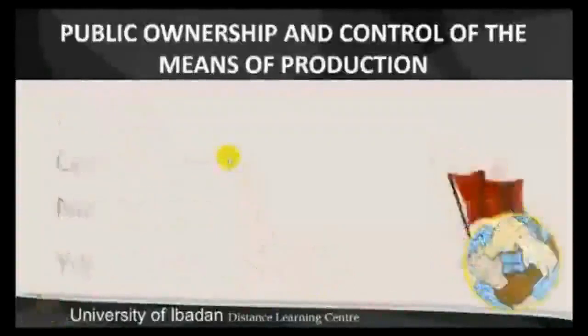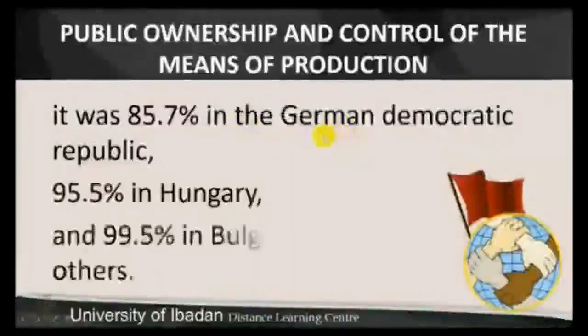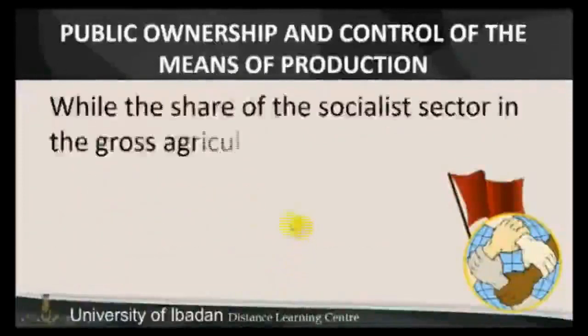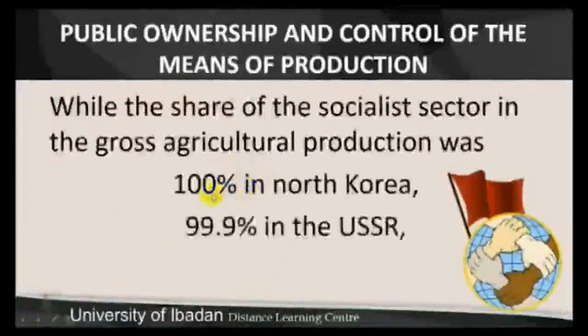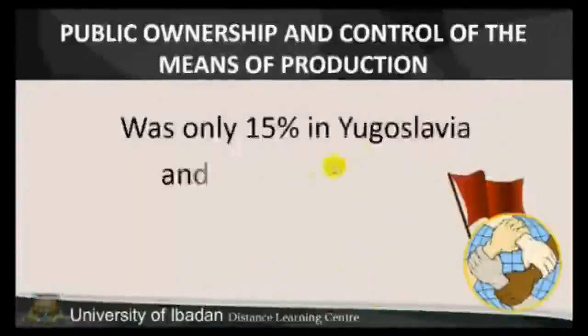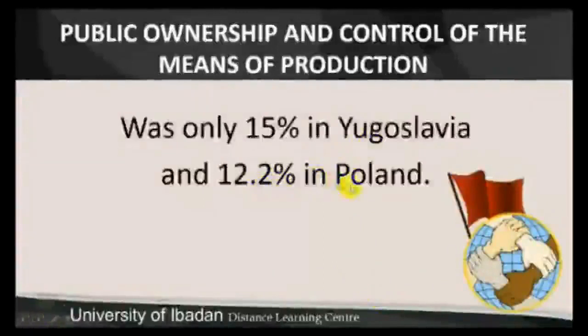It was 85.7% in the German Democratic Republic, 95.5% in Hungary, and 99.5% in Bulgaria, among others. Similarly, while the share of the socialist sector in the gross agricultural production was 100% in North Korea, 99.9% in the USSR, 99.6% in Bulgaria, it was only 15% in Yugoslavia, and 12.2% in Poland.